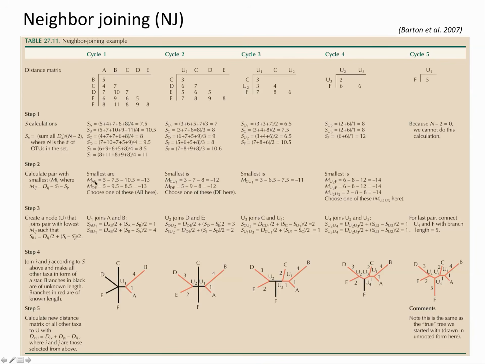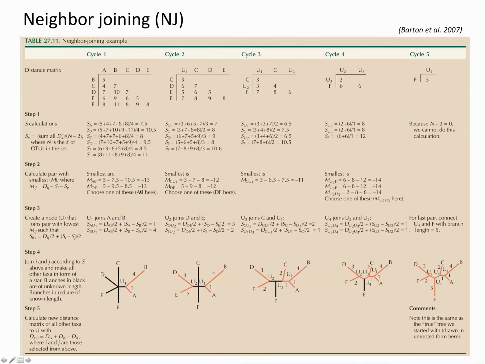In this case, the smallest are between A and B, 5, that is the actual distance between them, minus the value for A and the value for B. This also occurs for these two nodes, D and E. Here we choose AB and cluster them together.